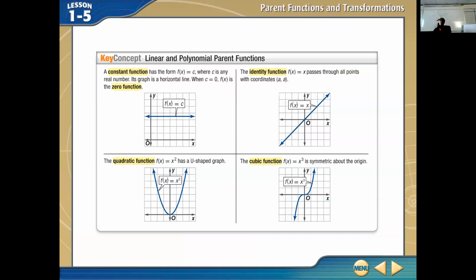What changes a constant function into a zero function is if its f of x is equal to 0, because that would be on your x-axis. So once again, very flat, very constant, never changing, and it'll continue all the way until positive infinity, all the way until negative infinity in behavior.